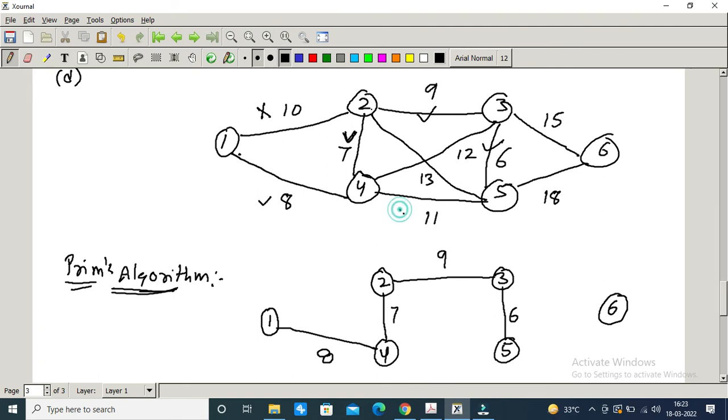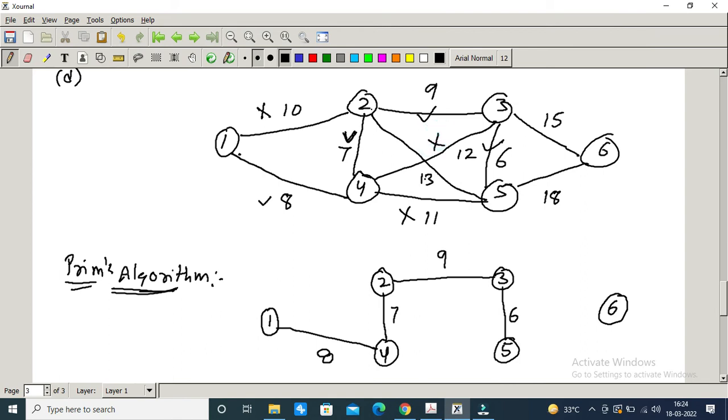So we will not pick that. Then we have this 12, right? Because we are left with 12, 13, 15 and 18. If I choose this 12, between 4 and 5, again it will form a cycle between 2, 4 and 3. So again I will not pick that.